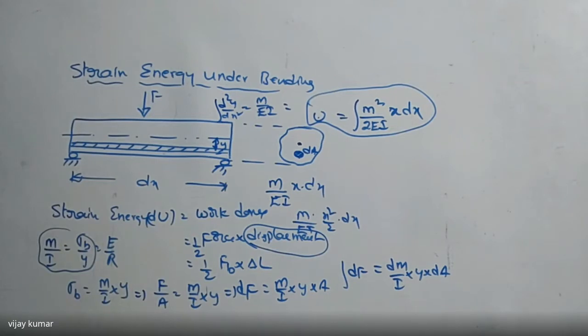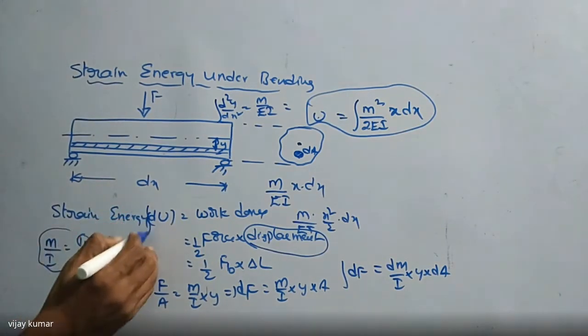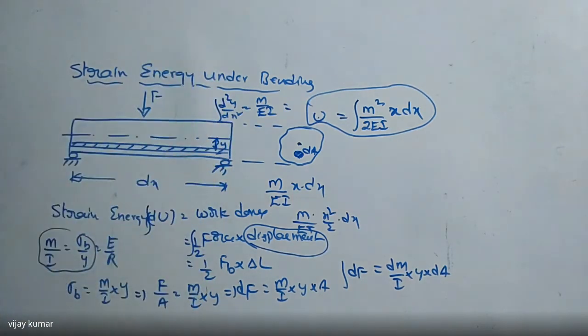Otherwise, we can write directly also. If you integrate on both sides, the strain energy in a small element is nothing but dU, and then we can get M² by 2EI. Force is the average, and displacement is nothing but delta.